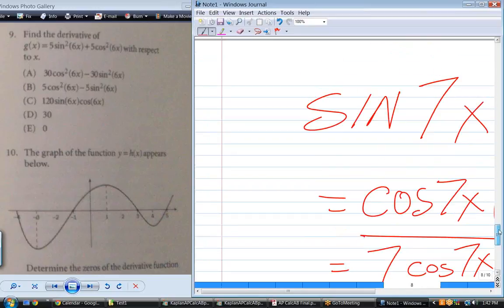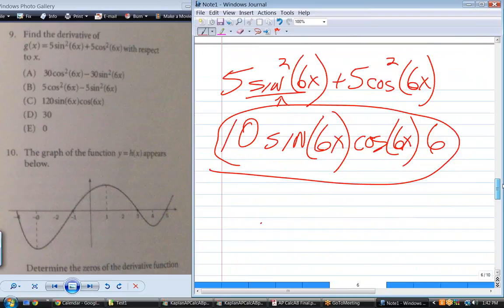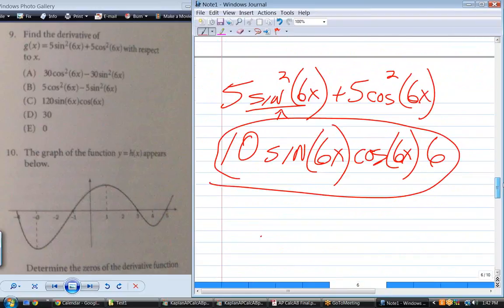Let's see. Did we ever come up with an answer to this? I don't think we did. I stopped right in the middle. So if we continue here, all we did was take the derivative of the first part. What's the derivative of the second part?